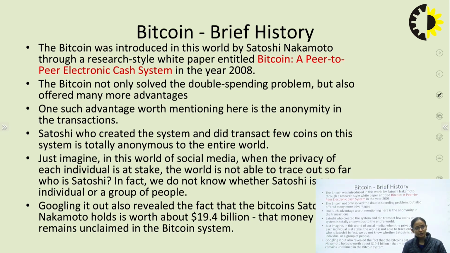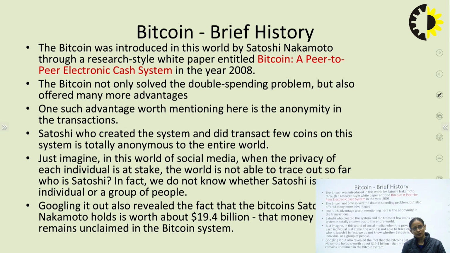Just imagine that nowadays, when we are talking about social media, where the privacy and security of each individual is at stake, the world is not able to know who actually Satoshi is. In fact, we do not know where Satoshi is currently residing, or whether it is an individual or a group of people.